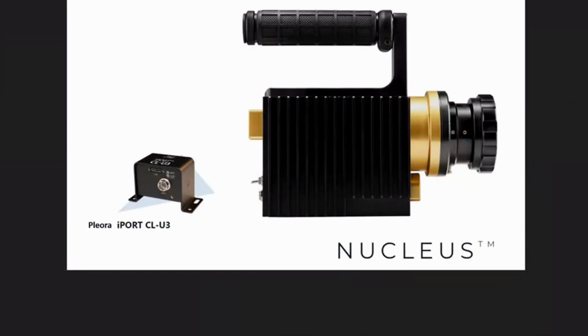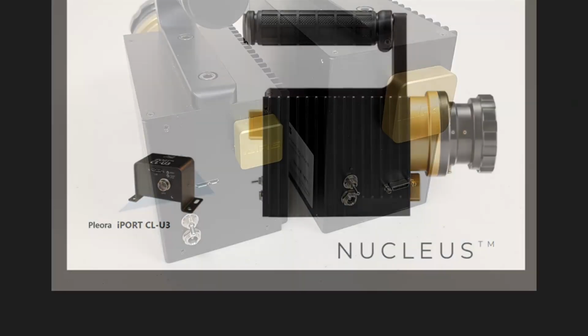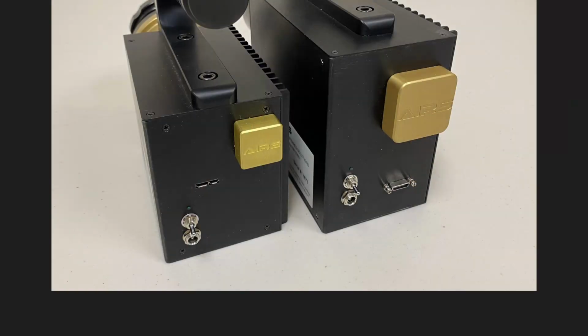So we're going to demonstrate the Nyx Connect software as it relates to the Nucleus camera, and the Nucleus camera can be purchased with either a USB 3 Vision interface or a Camera Link interface.